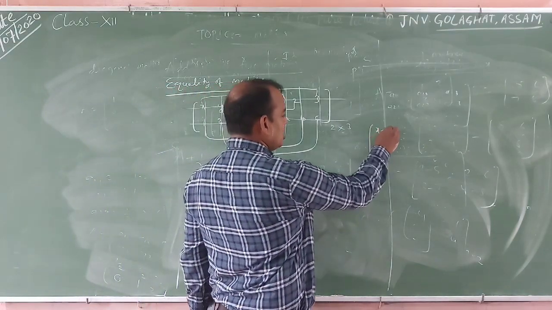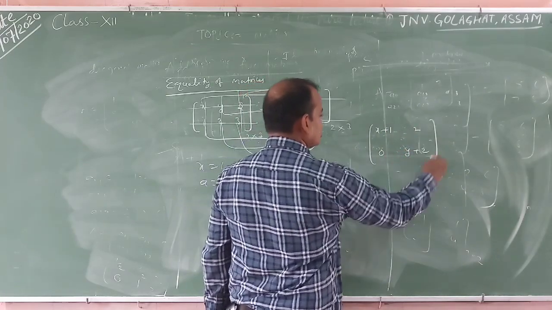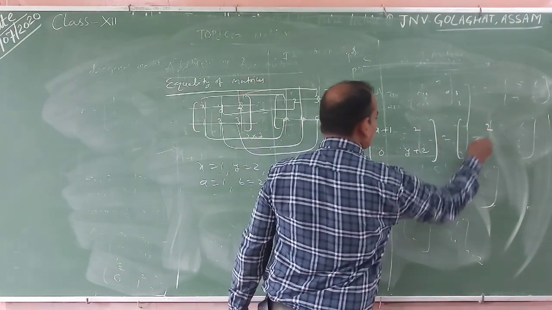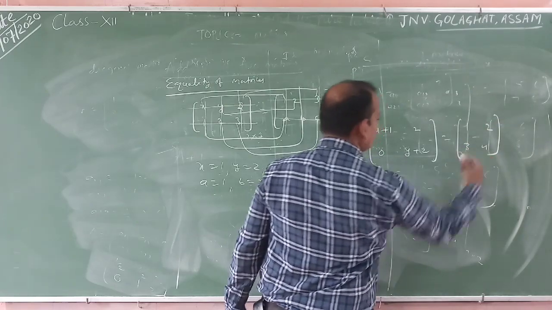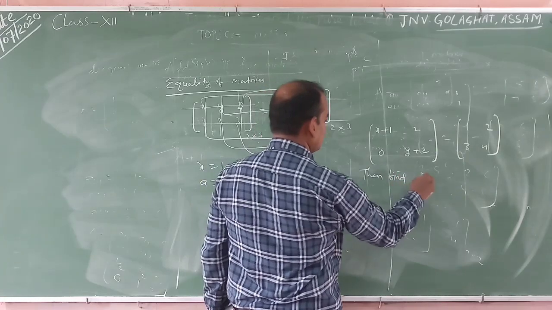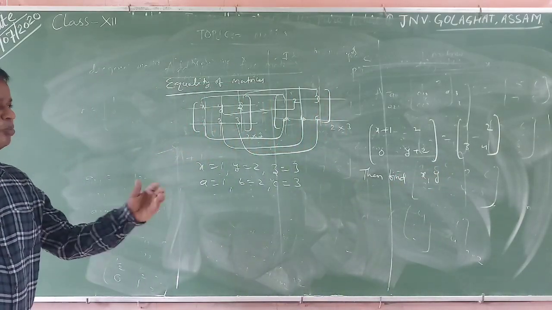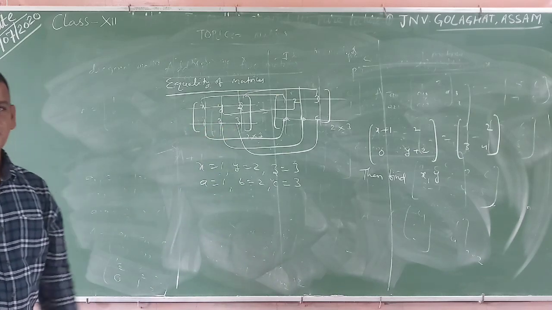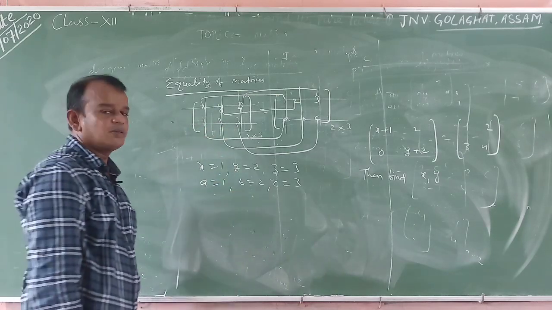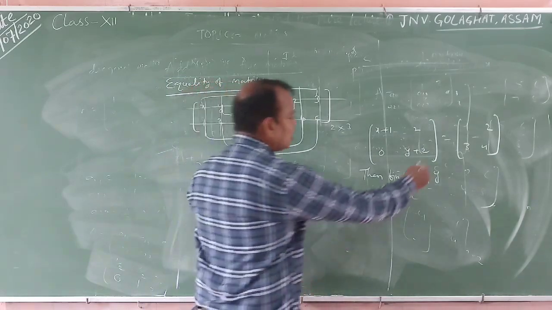Suppose x plus 1, 0, y plus 2 is equal to 1, 2, 3, 4. Then find x comma y. This type of question is very important for the CBSE exam. Now, what is the definition of equality?